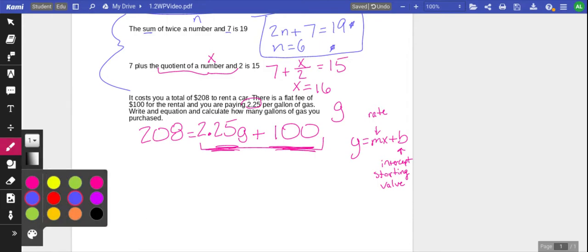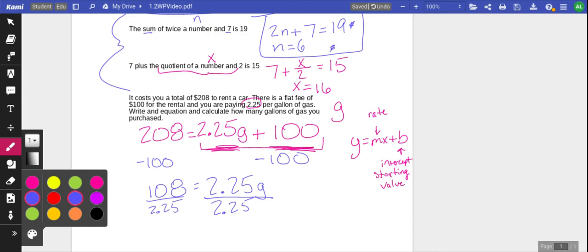All right, and then it wants us to go ahead and solve this one out. So we want to get rid of this term first. We're going to subtract 100 from each side. So I've got 108 is equal to 2.25 G. I'm going to use my calculator on this one. I want to go ahead and divide each side by 2.25.